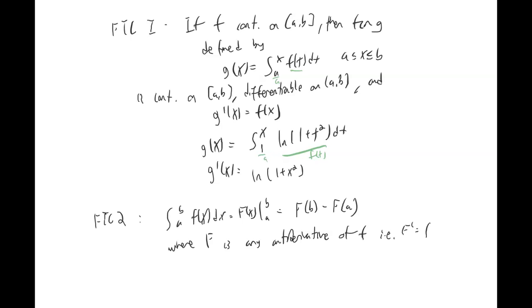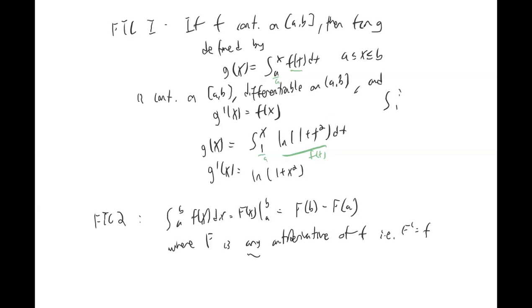Remember, the antiderivative was a family, so you had the plus c. The fact is you could choose any, and you might as well just choose c as 0, so that's what most people do. But this is strong, right? Because here you didn't need to know the antiderivative. If you did, you would get the same answer.